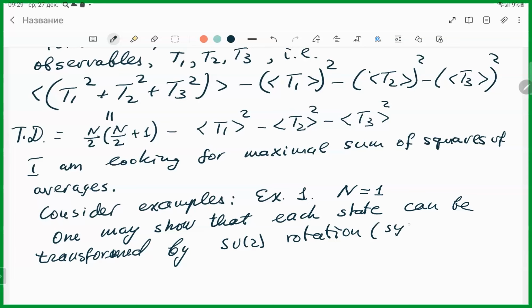It is a symmetry of the problem. To this state.